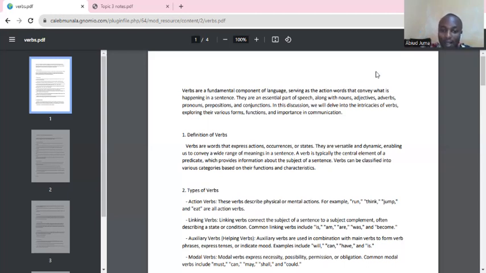Will is an example of an auxiliary verb. Is an example of an auxiliary verb that is used to show modality. And you also have will, we also have can, and you also have is.